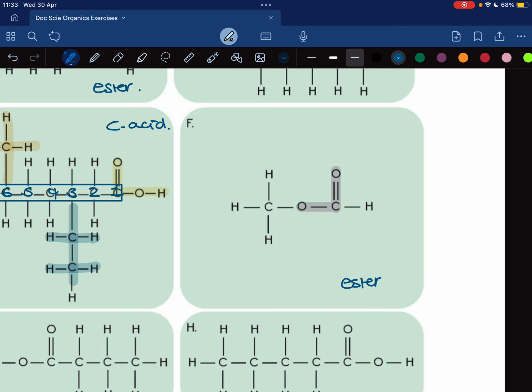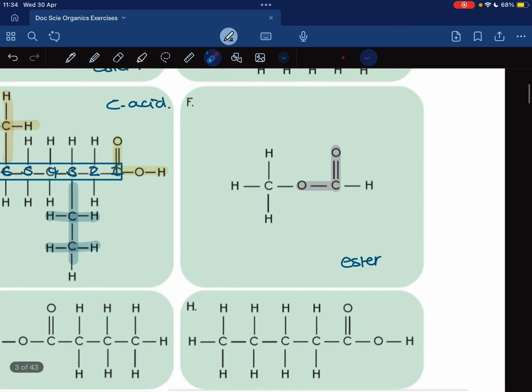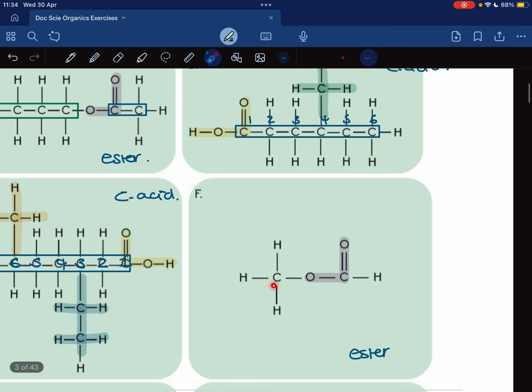Okay, don't get confused. If there was a hydrogen after the oxygen, then it's a carboxylic acid. Here I see the single bond oxygen has a carbon attached to it, so it must be an ester. Always remember, if there are 2 carbons around that oxygen, then it's an ester.